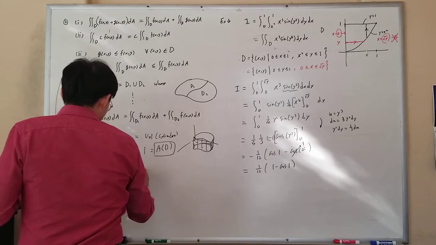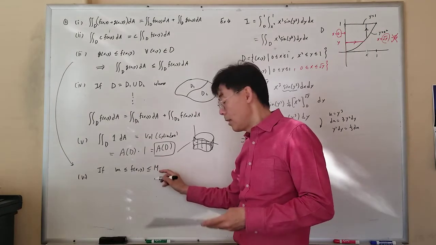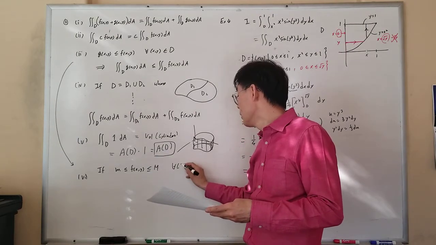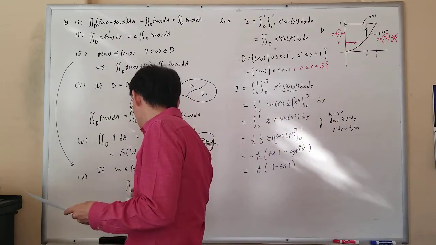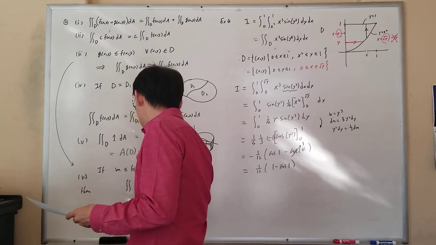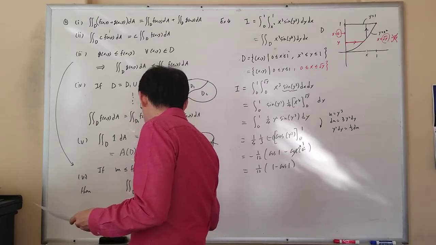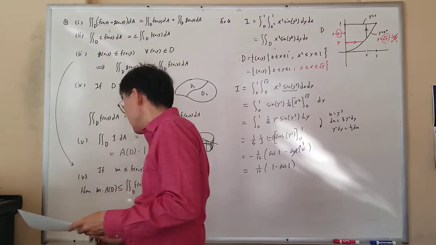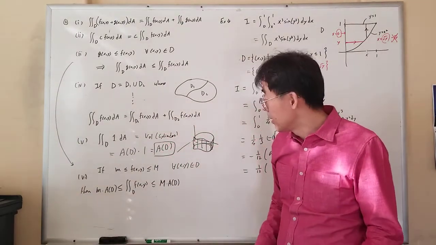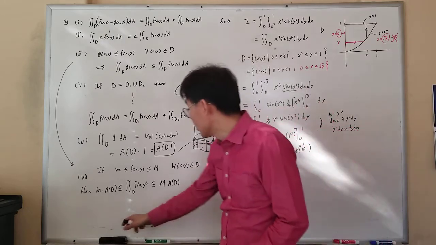If your f of x y is always greater than or equal to some minimum value lowercase m, or less than or equal to capital M, for all x y in the domain, then the double integral of f over D is less than or equal to capital M times area of D, and at least lowercase m times area of D. I can make a comment on this one.